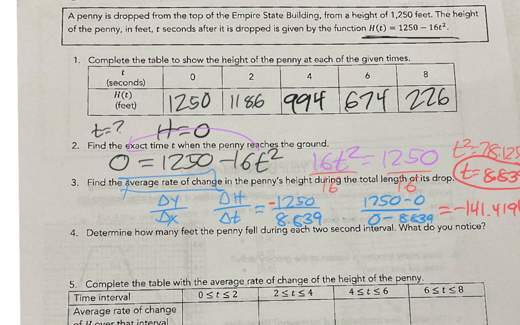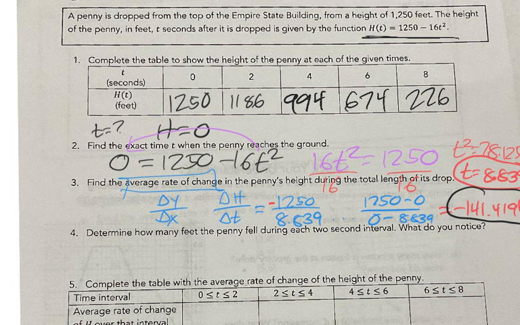So on average, the penny fell 141 feet every second. Cool. All right, number 4: determine how many feet the penny fell during each 2-second interval.